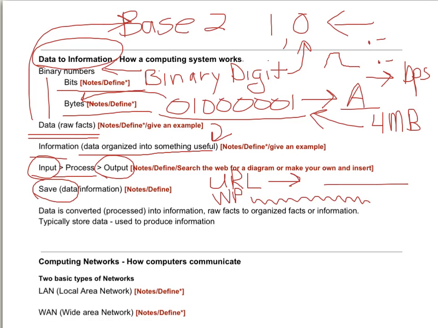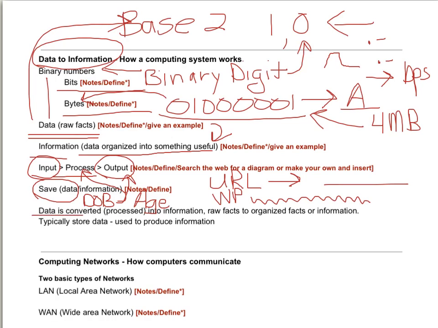So a good example would be how old you are. We probably save a piece of data that would be maybe your date of birth. And then the computer can process that and produce some output: your age. A way simplistic example, but a nice one to use.